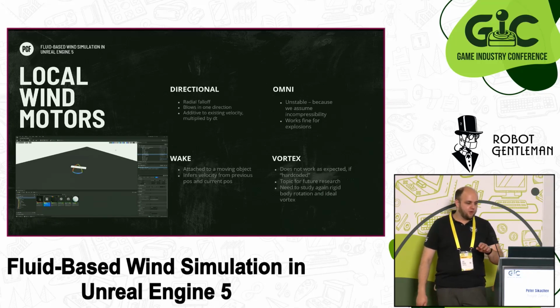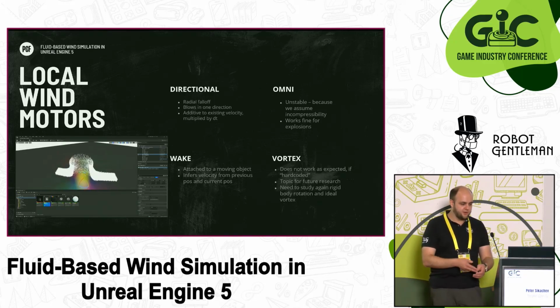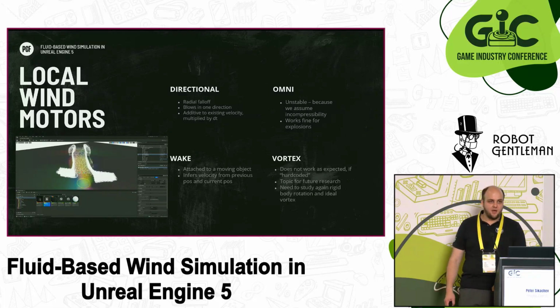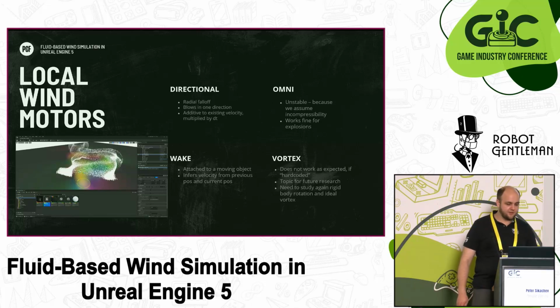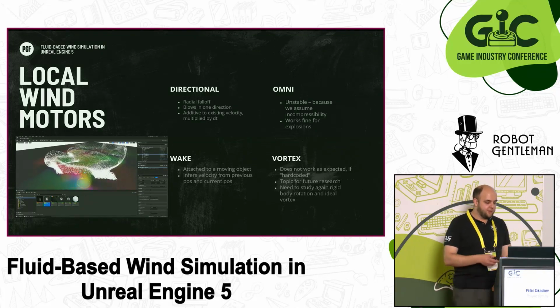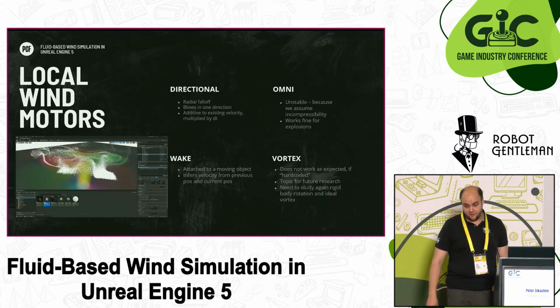Okay, so let's talk about the local wind motors. We tried different types. The directional ones are pretty simple. They have this radial falloff and they blow in one direction. Then the wake motor. We tried the same motors as in God of War.